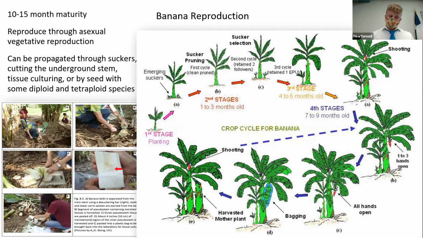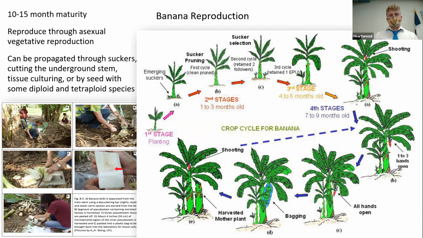what's known as a sucker. These suckers originate from the bottom of the banana, known as the corm. This vascular stem is what's known as the pseudobulb or the corm. It helps the plant live in adverse conditions. You can also grow them in tissue culture, a pretty new thing, which is cool.